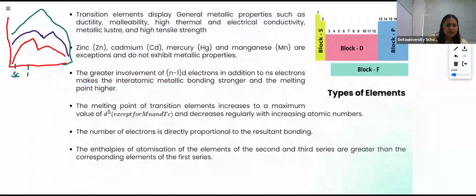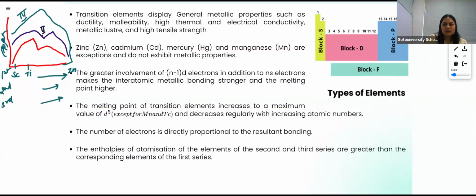Say this is scandium, titanium, and this side we go till zinc, for the first series, for the second series, and for the third series. So this is the graph of melting point for the transition element series. This is for the third transition series, this is for the second transition series, and this is for the first transition series.